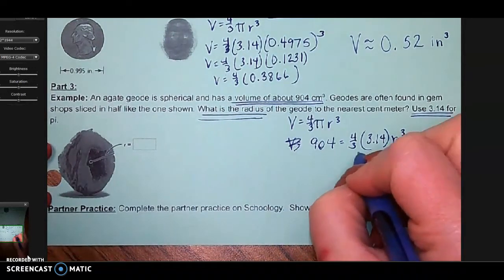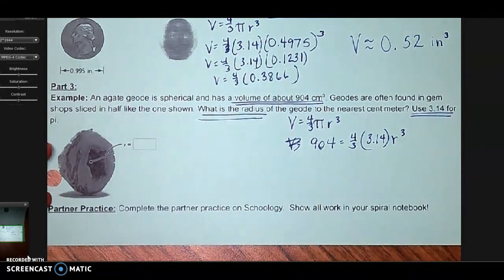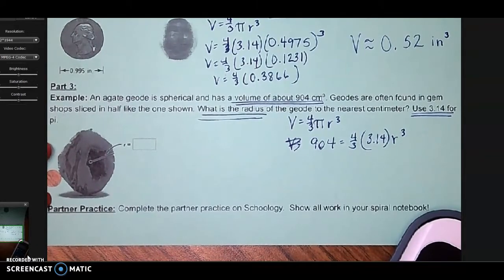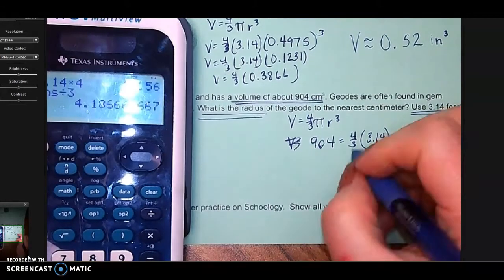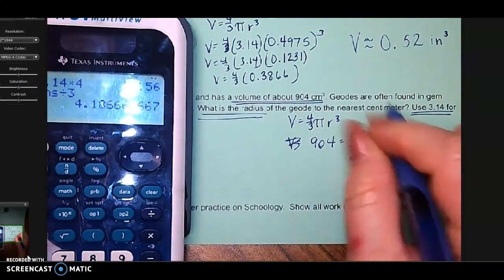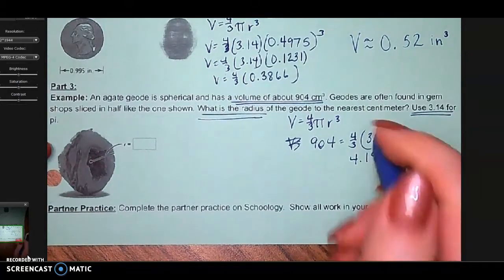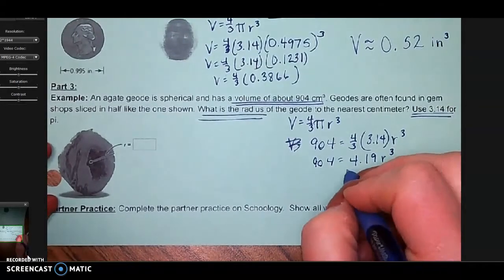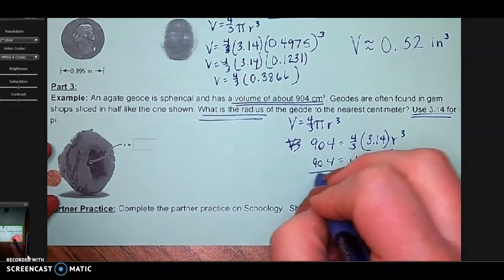So I'm going to go ahead over here and do 3.14 times 4/3. And I'm going to get 4.19. So that is my coefficient. This is my coefficient, so I'm going to divide by my coefficient.